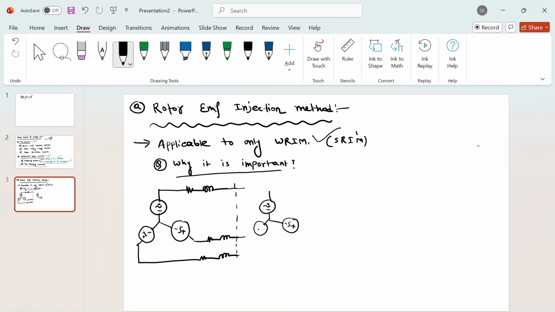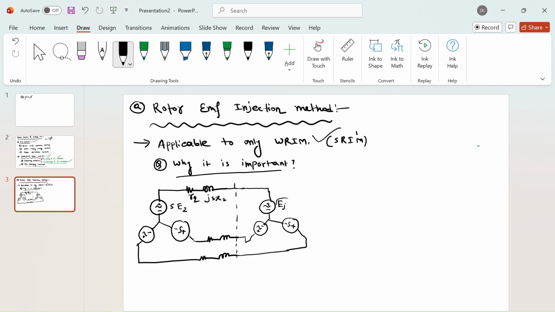And this voltage supply basically will come from the inverters. So these are the voltages that you want to inject. Let's say it is Ej, and the voltage that is getting induced here is SE2, R2 and jSX2.